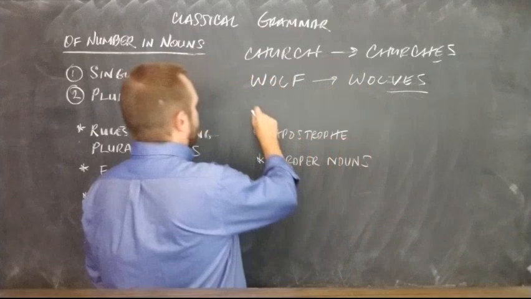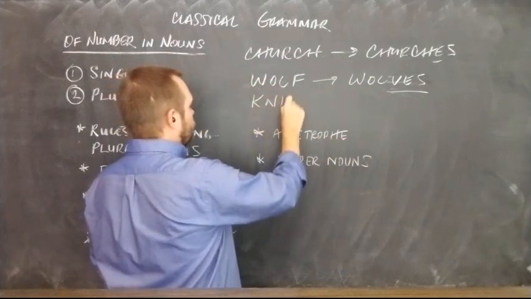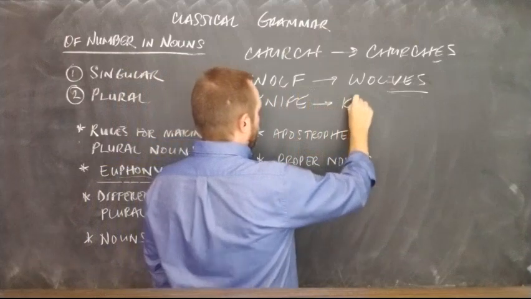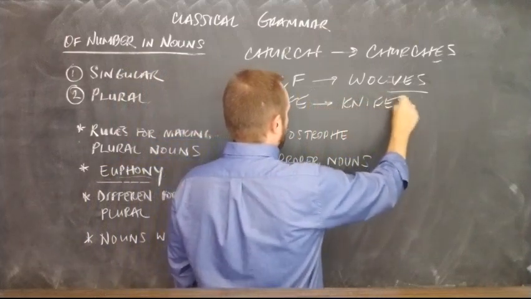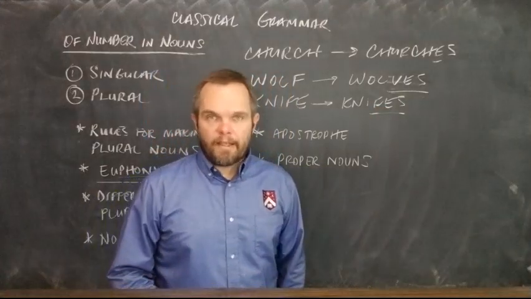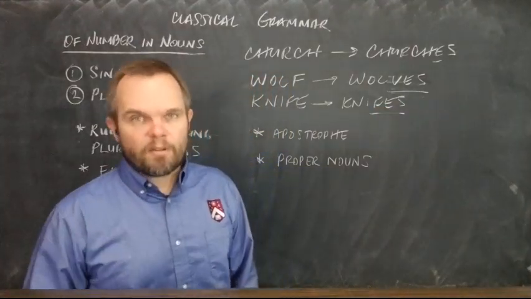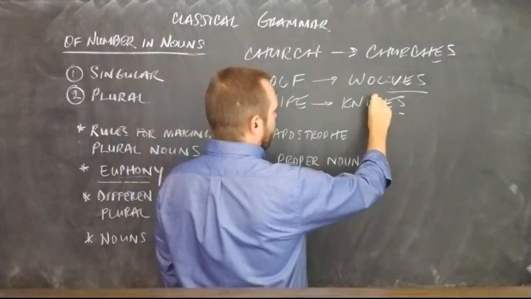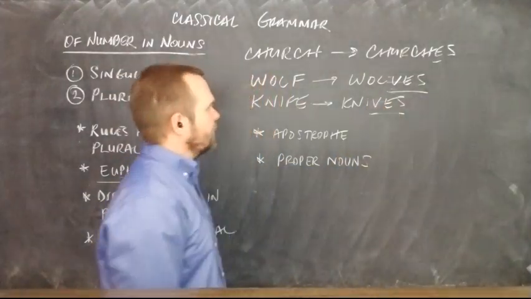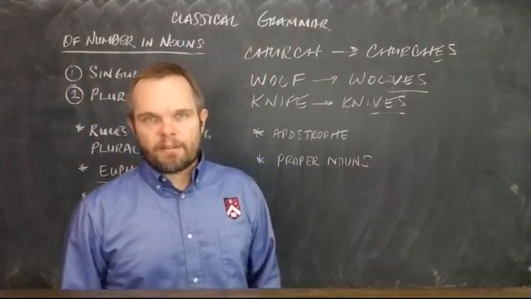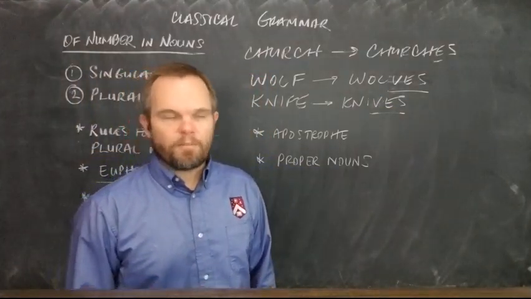Another example of this rule is found with the word knife. You could say knifes, but you'll see it's difficult to pronounce. And if we simply change this F and replace it with a V, knives, much easier to pronounce.